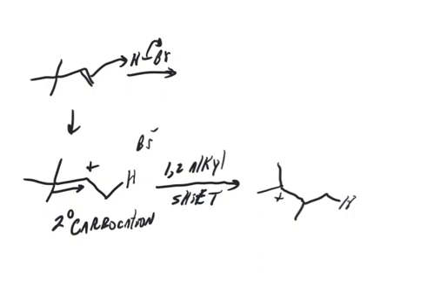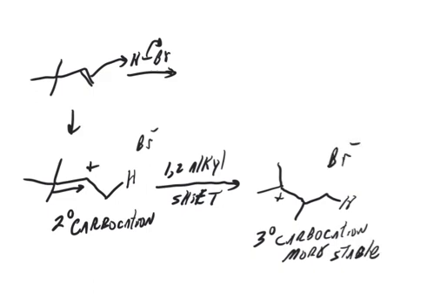Right. So I've shifted over the methyl group, made a tertiary carbocation, which is more stable, because of the groups that are attached to it. And then my Br minus will react here, and I'll wind up forming the product of that addition.